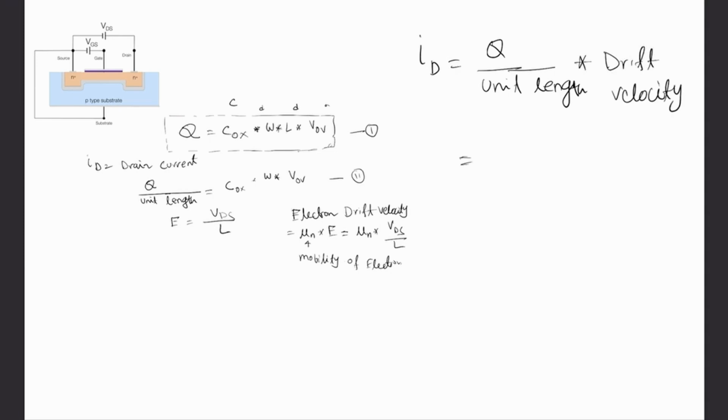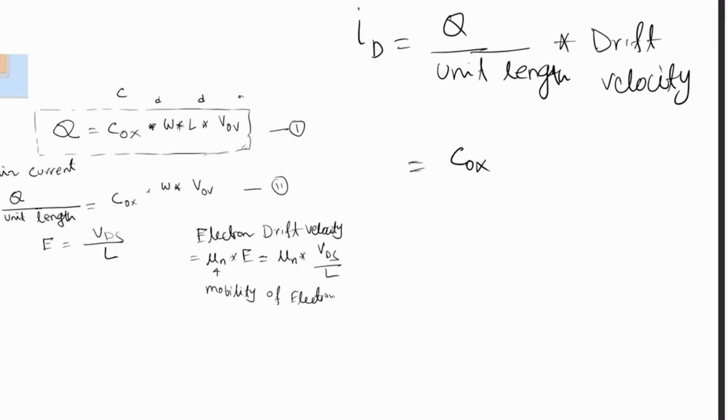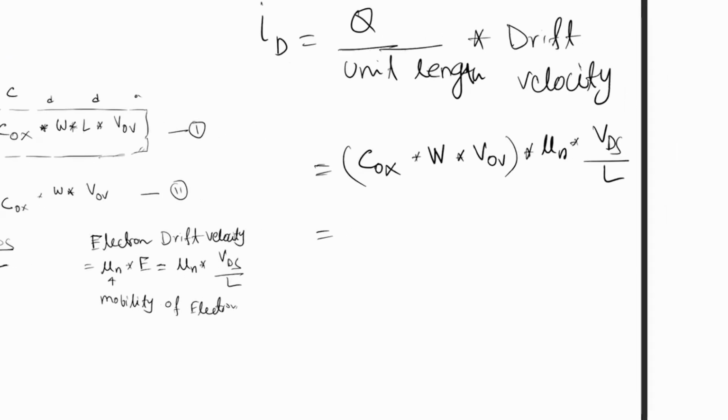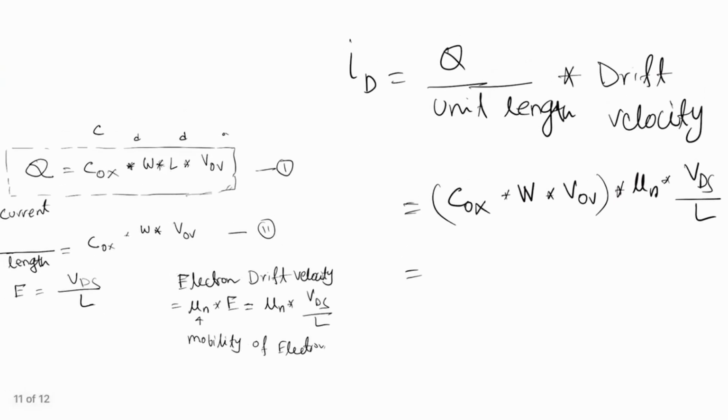If we put this in, that will be COX W VOV multiplied by drift velocity, which is mu n into VDS divided by L. So if we combine together, it will be COX multiplied by W divided by L into mu n into VOV into VDS.